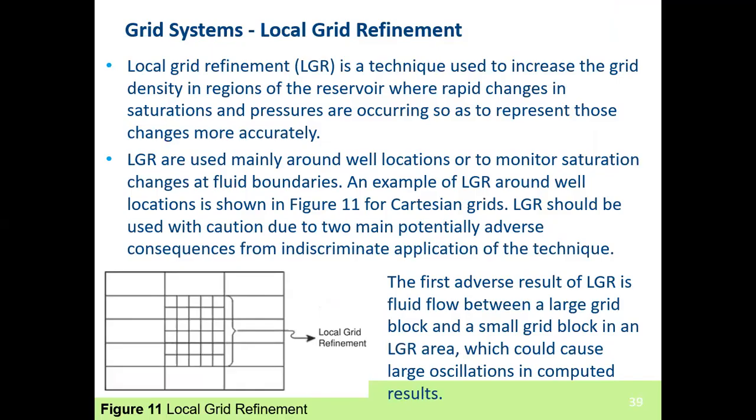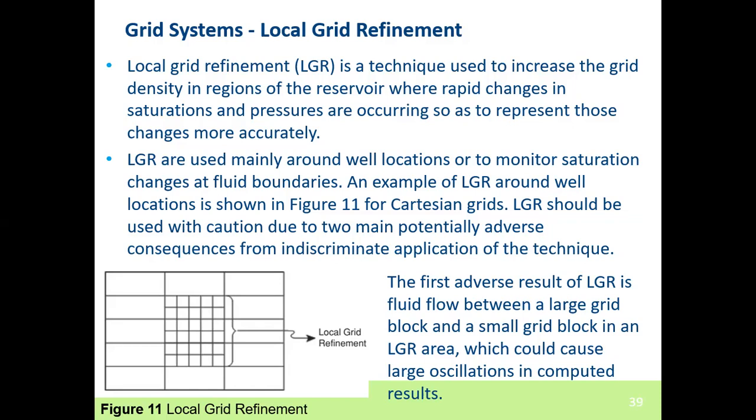So what is the concept of local grid refinement about? It's a technique used to increase the grid density in regions of the reservoir where rapid changes in saturation and pressure are occurring. And as you've seen in some of the previous slides, local grid refinement tends to be used in your near wellbore region.